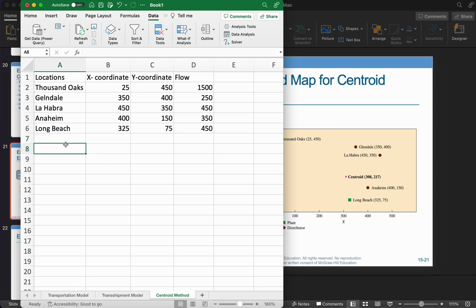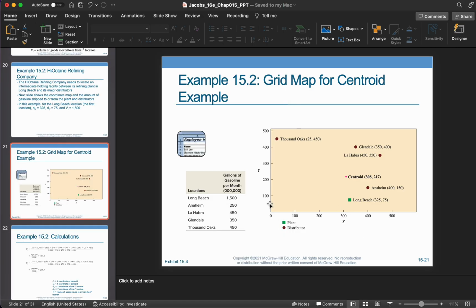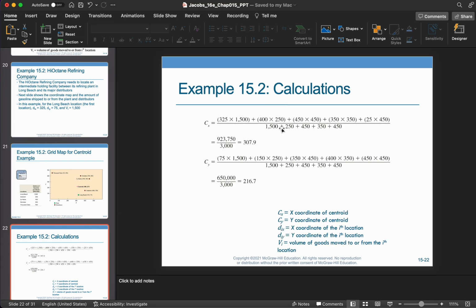How do I find the x coordinate for this? We have to find the x coordinate of the centroid and the y coordinate of the centroid. You multiply 25 with the flow, 350 with the flow, 450 with the flow, and so on. You multiply the corresponding x coordinate with the flow and add that all up. That's the numerator. The denominator is just the sum of the flows.